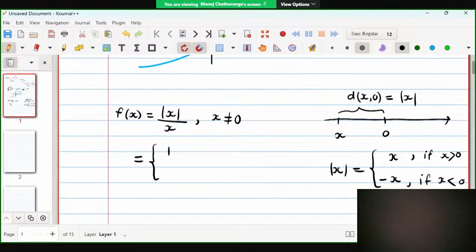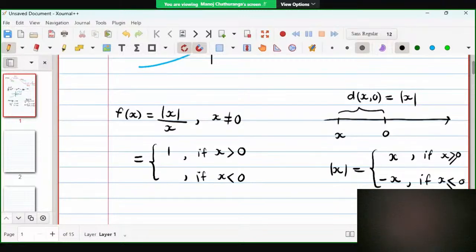And we cannot take 0. If x is negative, then the absolute value of x is negative x.